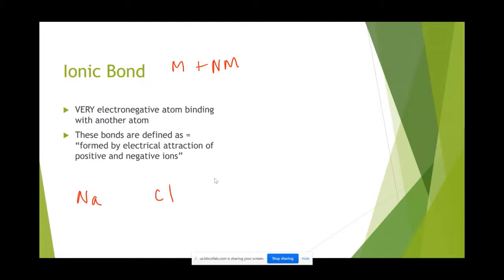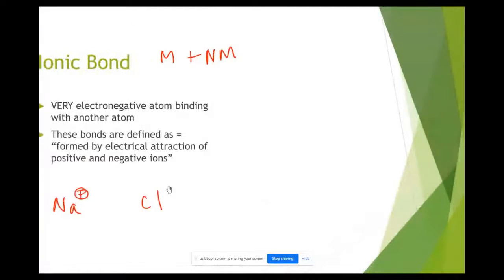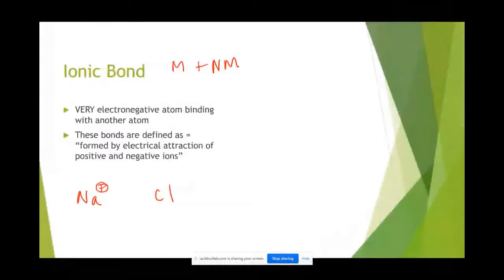This is a positive ion, and that's a negative ion. The ionic bond is formed between this metal and this nonmetal, and you're getting this electrostatic attraction. That's the ionic bond, really.